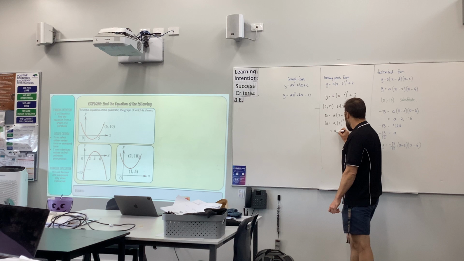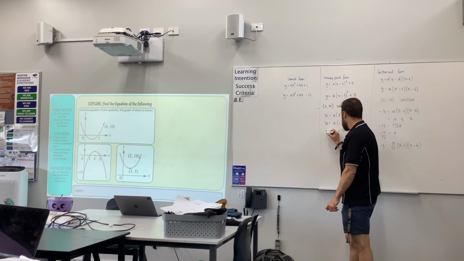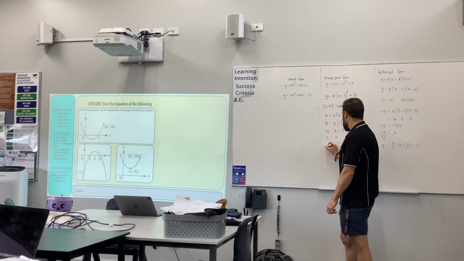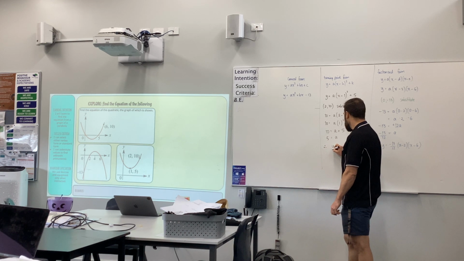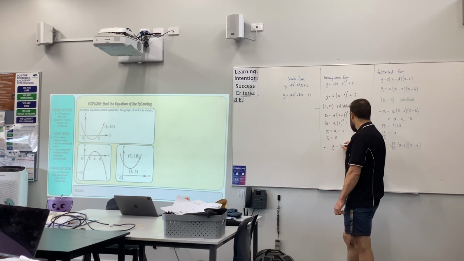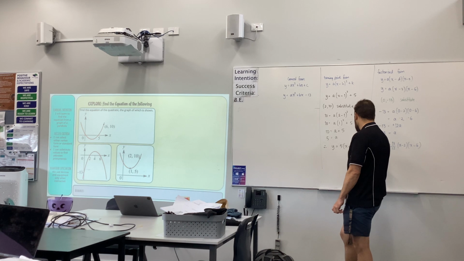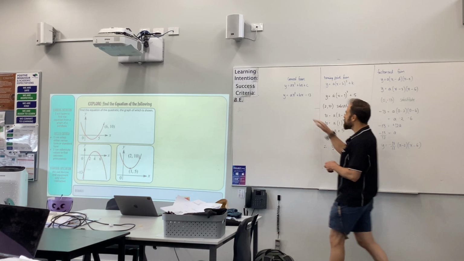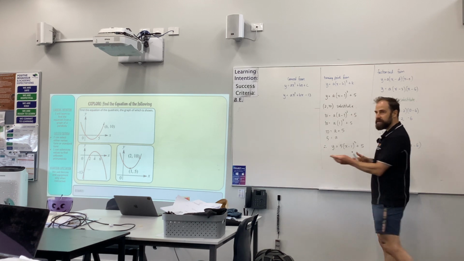So it's just a plus 5 equals 10. A equals 5. Therefore, my rule is y equals 5, x minus 1 squared plus 5. And if you were asked to give your answer in general form, you would then just expand it.